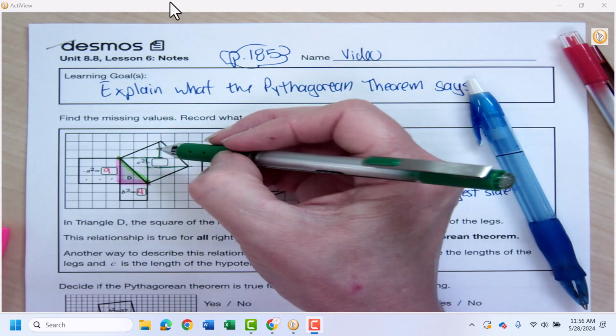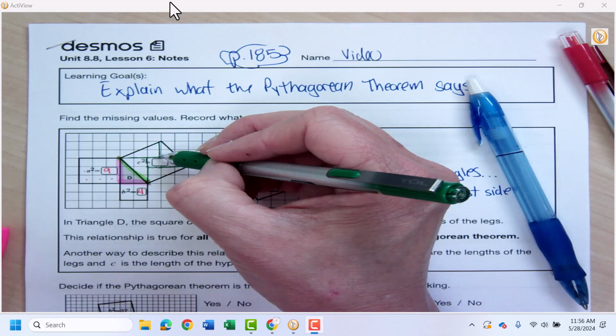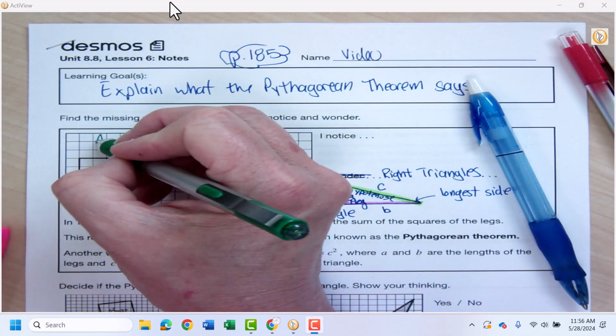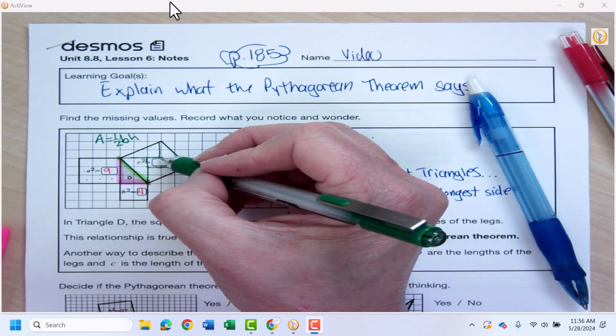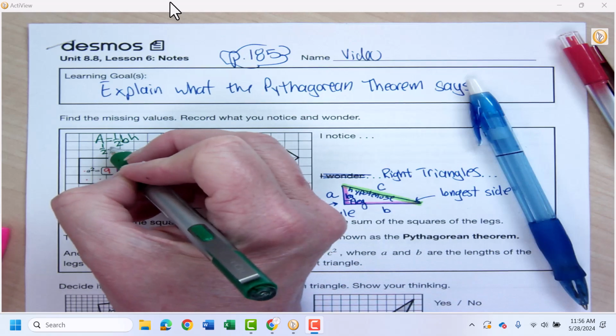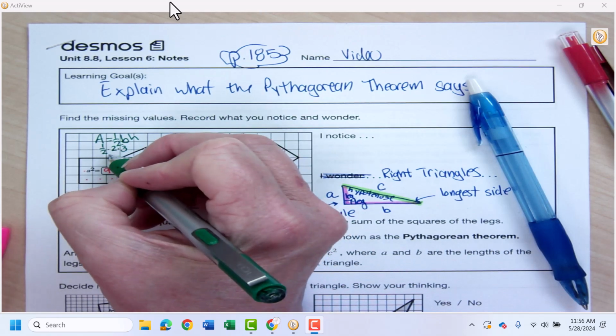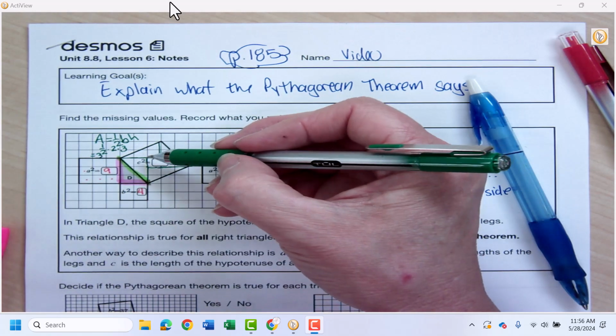Okay, so if I do that, I can see there's one square in the middle. I can see that this triangle, let me find the area, 1/2 base times the height. The base is 3, the height is 2, 1/2 times 2 times 3. Okay, so the area of that triangle is going to be 3.